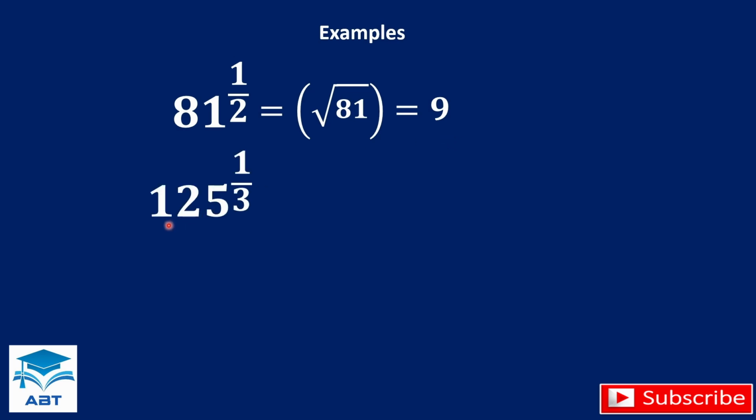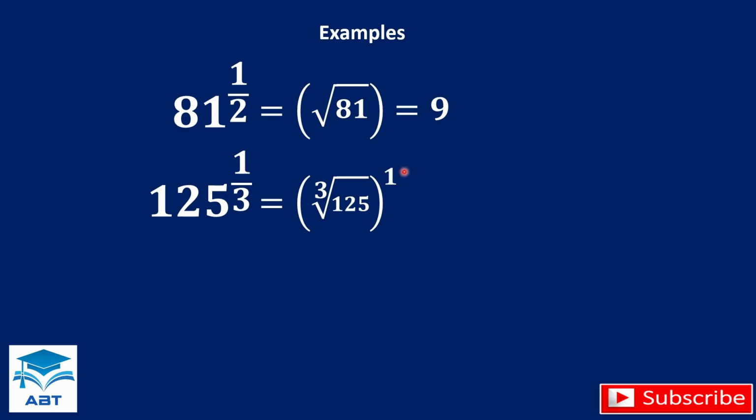The next example, we have 125 raised to the power 1 divided by 3. So according to the rule, we open the root sign, put the base 125 under the root, and for the fractional exponent, the denominator, we put it here. Aside from square root, any other number can be put here, and the numerator of the fractional exponent, which is 1, comes here.